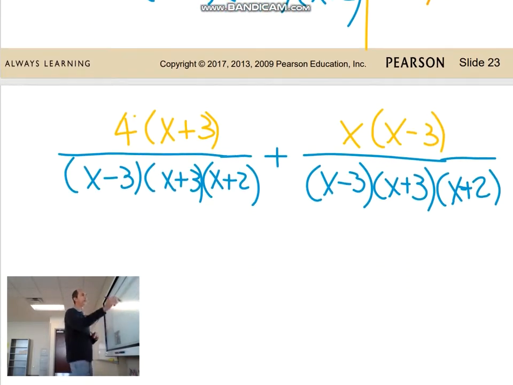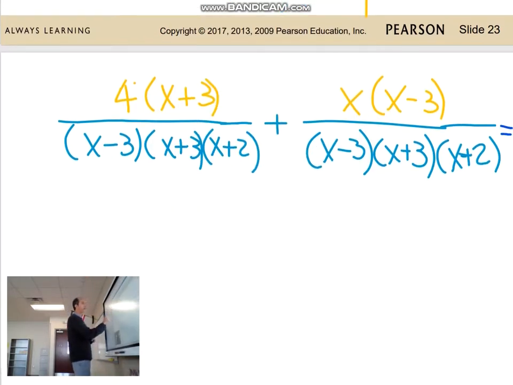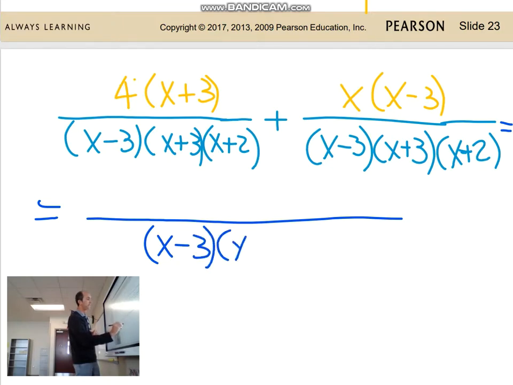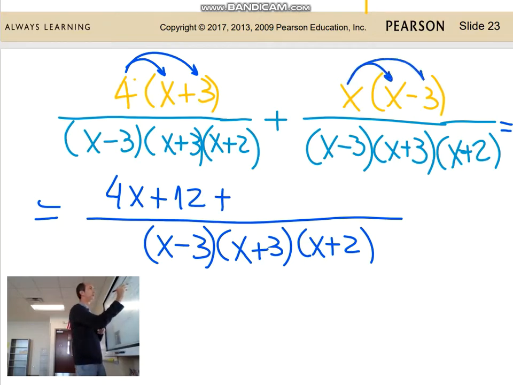Now we have two rational expressions with the same denominator. We can write all this with one denominator, which is the least common denominator. And on the top, let's apply the distributive property: 4x plus 12 plus, applying the distributive property, x squared minus 3x.